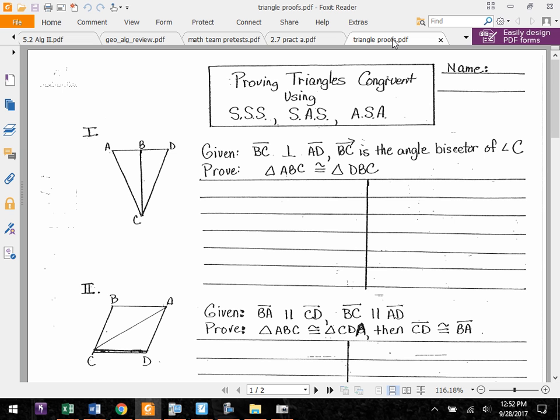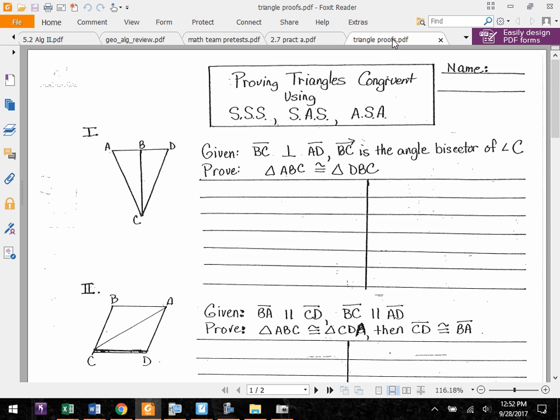What most students have a hard time with, when we eventually get to working with triangle proofs and things of that nature, is knowing where to start. So I try to show you a different way to organize definitions, theorems, and things like that, so they're on one piece of paper.